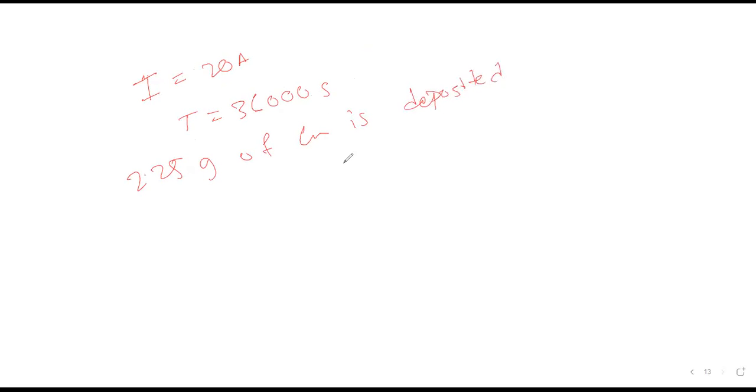Now, if calculations are asked to be shown, we can do it this way. Let's say the current being applied, or given to you, is 20 ampere. The time is, let's say, 36000 seconds or 10 hours, and they are saying that 225 gram of copper is deposited on the cathode.